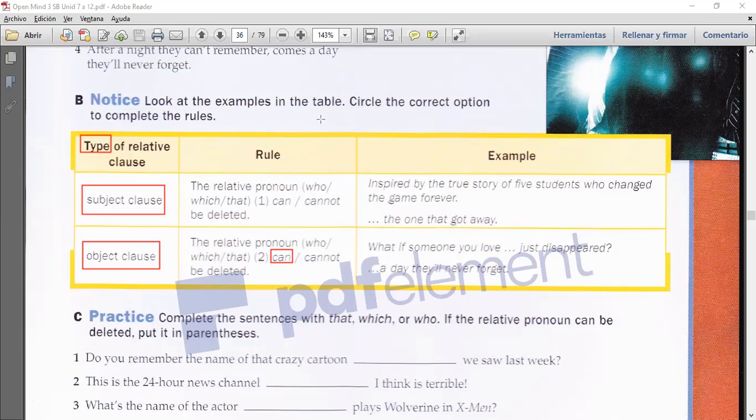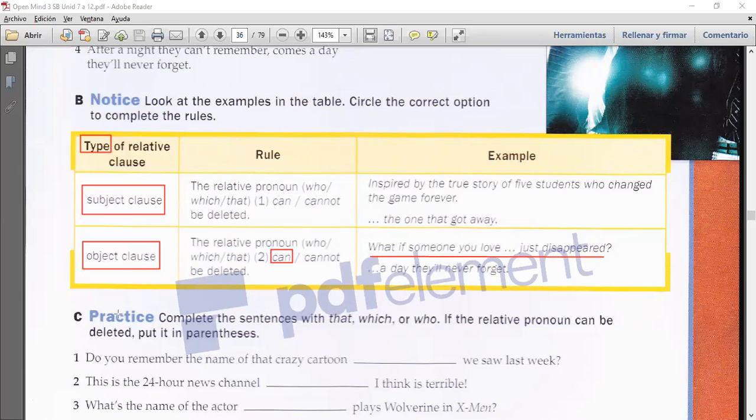What is the main clause? The main clause is, what if someone you love just disappears? A day, yeah, so far. This is the whole sentence.